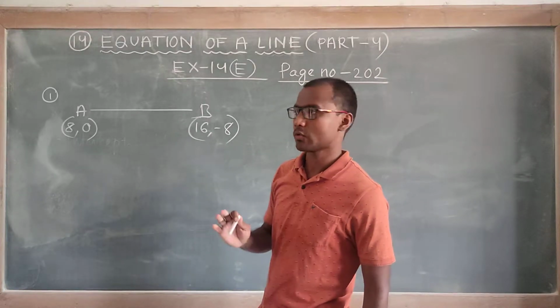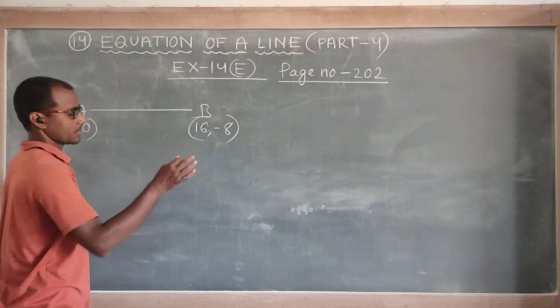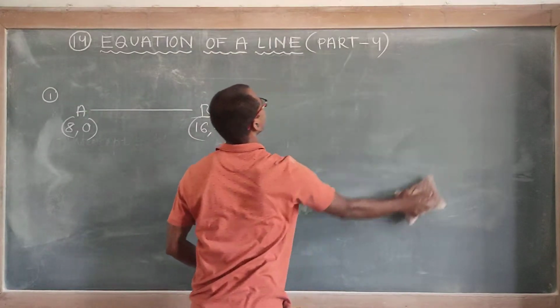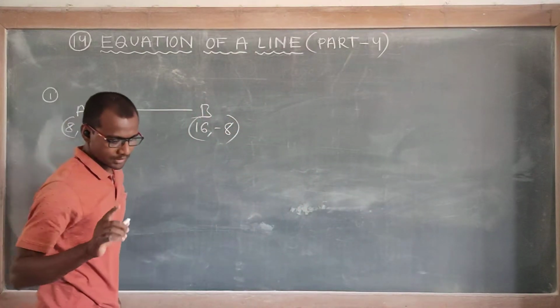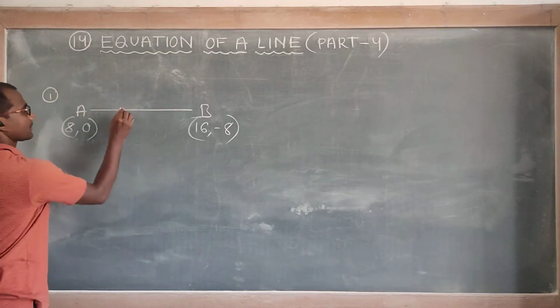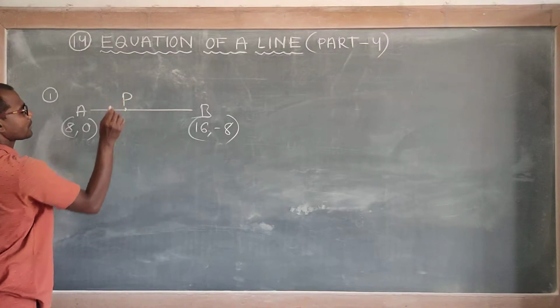So this is a rough diagram, no problem. You can draw the line AB. Then there is a point P which divides AB. Let this be the point P.